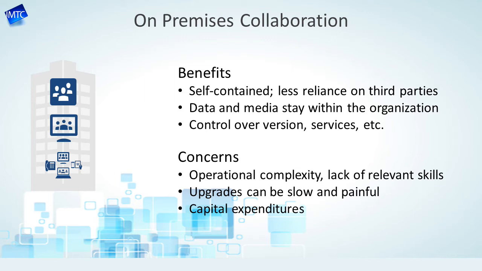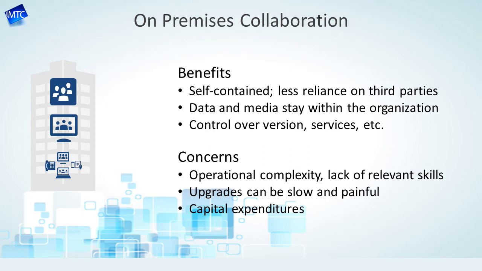It can also take a lot of time and potentially cost a lot of money to upgrade a collaboration environment that's hosted on-prem because the different components might need professional services to be involved in order to upgrade them properly. And then, of course, you have inconsistent spending cycles.